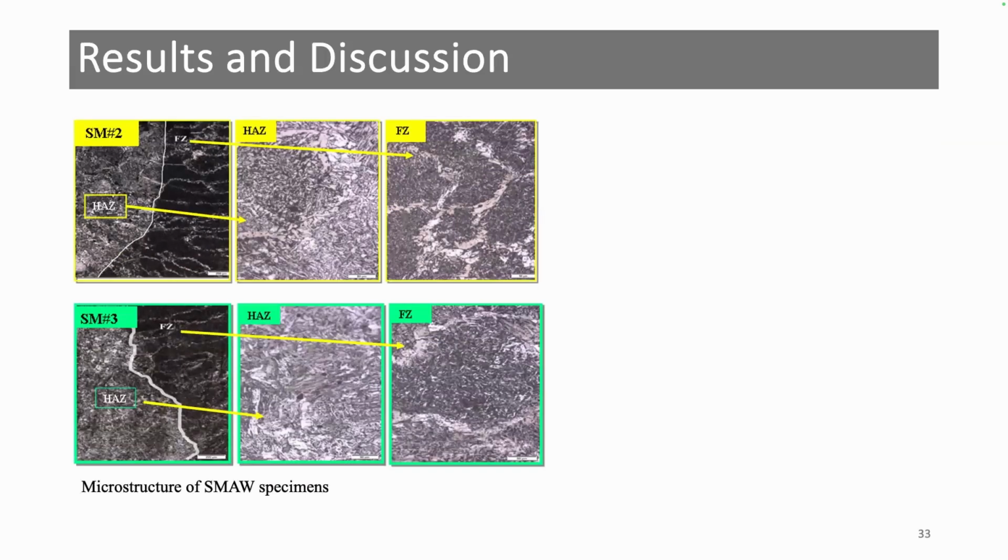And for the SMAW technique, we also got a similar structure. However, due to the higher heat input, we find that the fusion zone displayed elongated grains in the direction of welding because we used relatively high heat input.